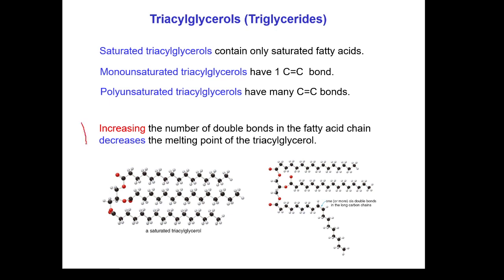Very important right here. Star it, whatever you need to do. The more double bonds, the more unsaturated I am, the lower the melting point. And the reason being, the more unsaturation, the less London forces, therefore the less energy needed.